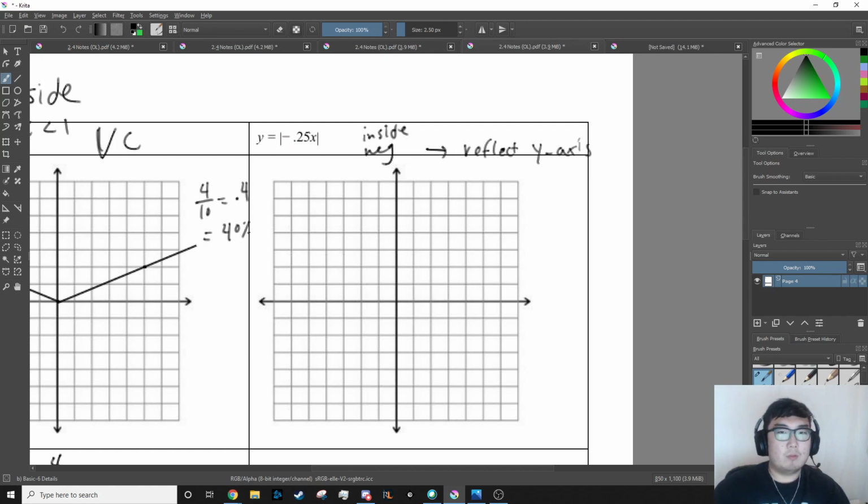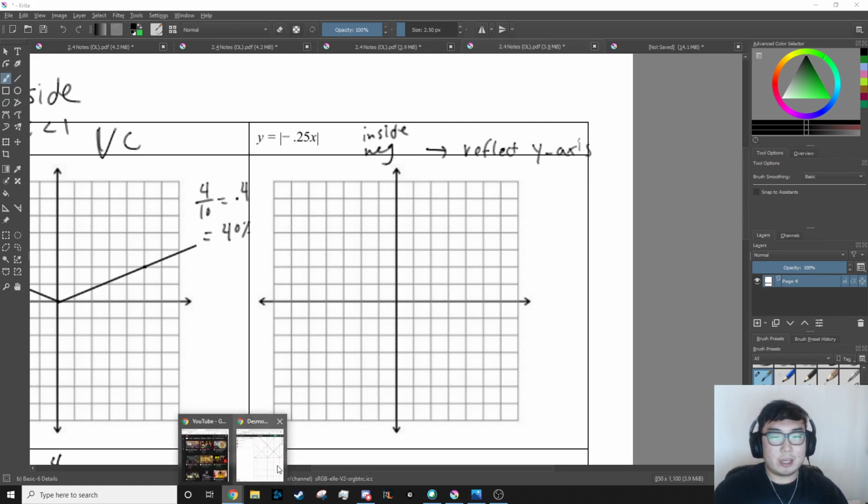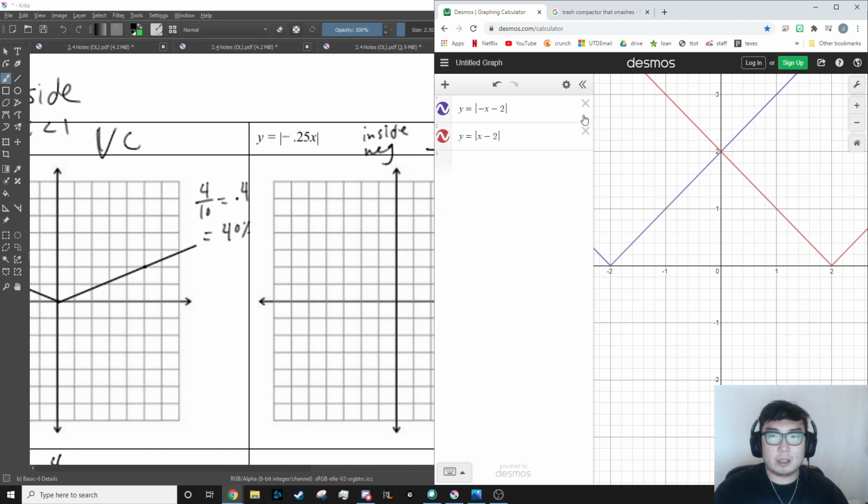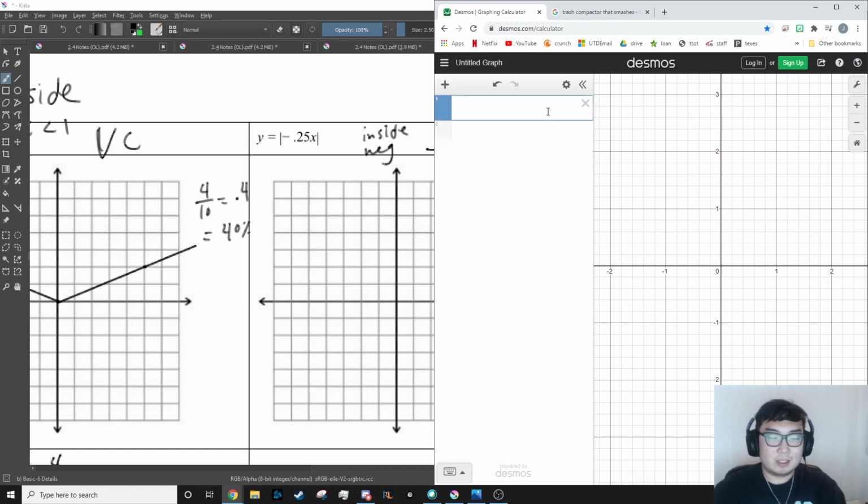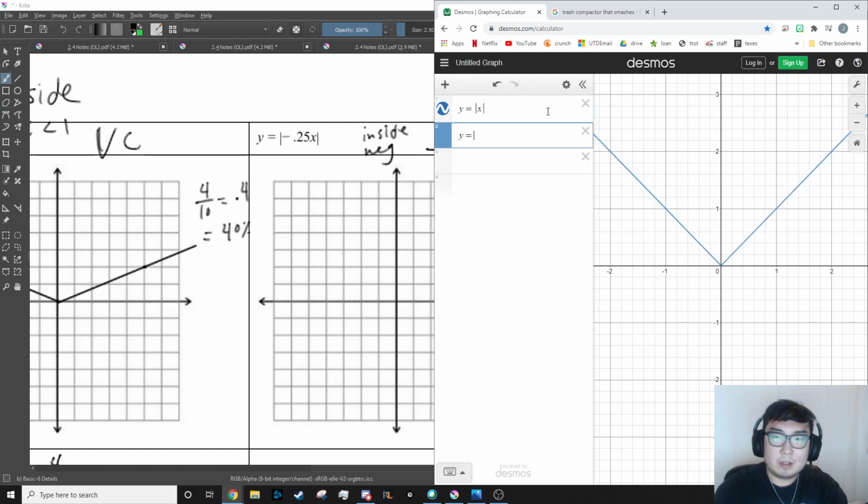But remember how I told you that whenever we reflect over the y-axis with the absolute value of x, like y equals the absolute value of negative x, we know that taking the absolute value of 5 and the absolute value of negative 5, they're both equal to 5. So they're really the same thing.